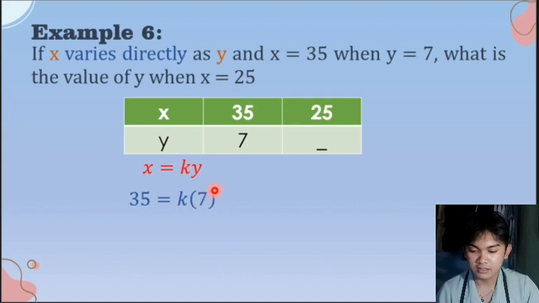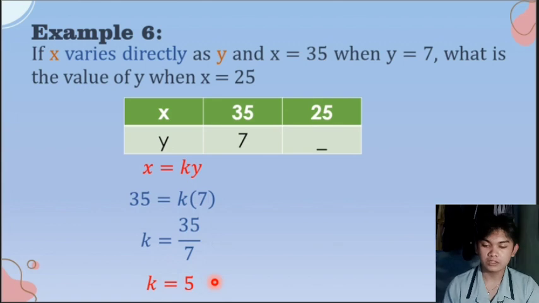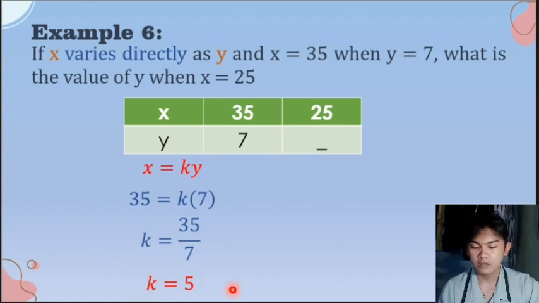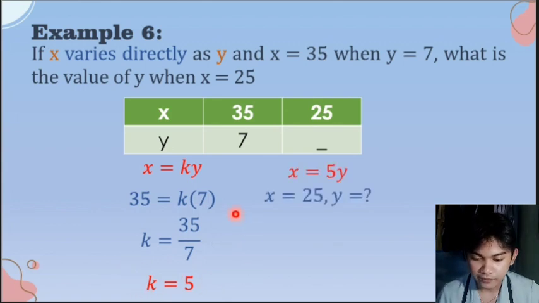We will cancel the 7 here. So k is equal to 35 over 7, and 35 over 7 is 5, so k is equal to 5. Since we have the value for k, we will find the value of y when x is equal to 25.